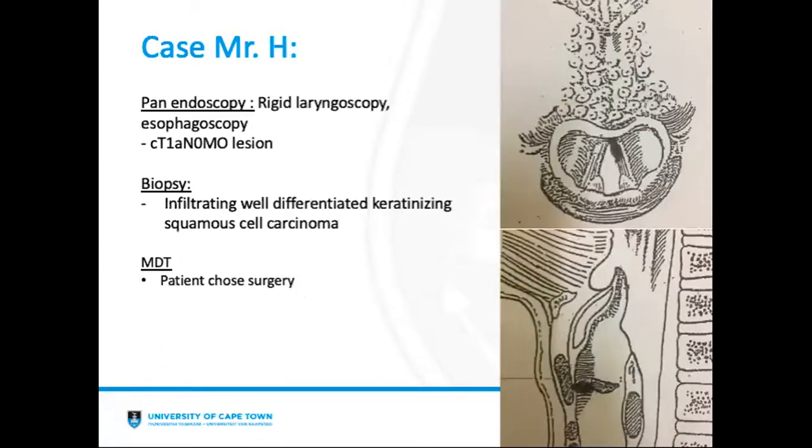He was subsequently booked for a panendoscopy where rigid laryngoscopy and esophagoscopy was done, which again was in keeping with the flexible endoscopic findings. The biopsy subsequently revealed an infiltrating, well-differentiated keratinizing squamous cell carcinoma. At our subsequent MDT tumor board, together with the oncologists and the speech therapist, the patient was counseled and chose to have surgery.